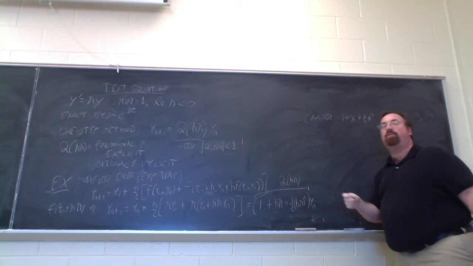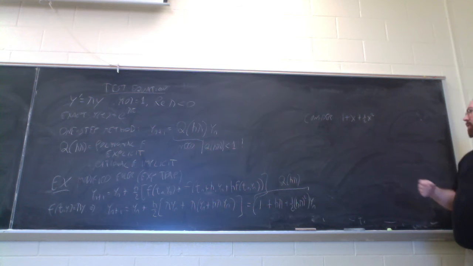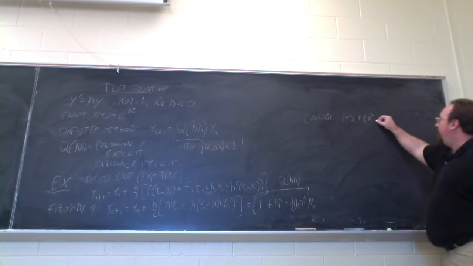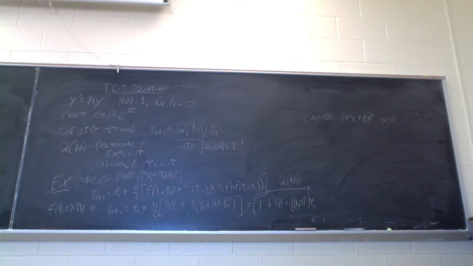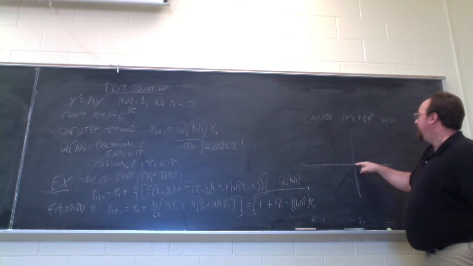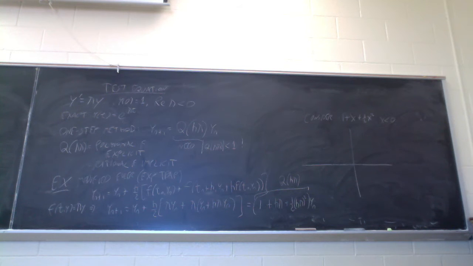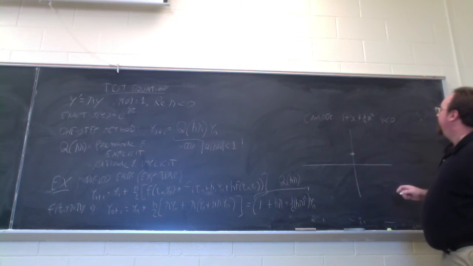So in other words, I'm going to assume that lambda is real, a real negative number. Okay. Now, if we were to graph this, and I only care about the left half plane, where x is negative. So for instance, if I plug in x equals 0, I get 1. So there's a point in the graph.